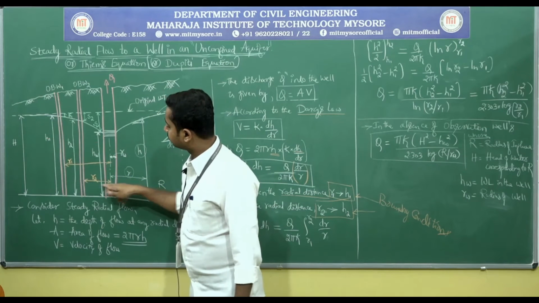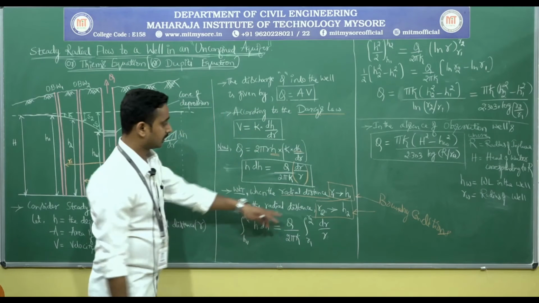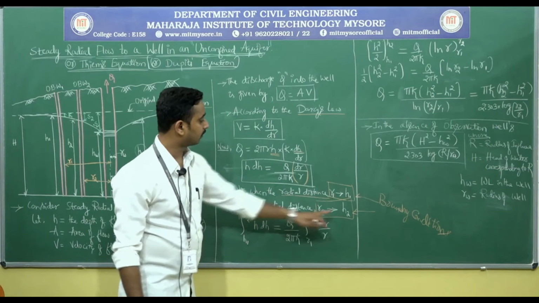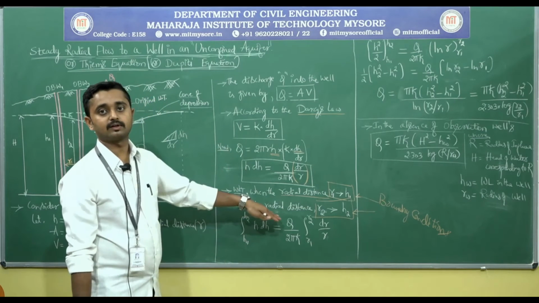See carefully in the diagram. So these two are boundary conditions. Similarly, when the radial distance is r2, the depth of flow is h2. Depth of flow h1 when radial distance r1, depth of flow h2 when radial distance r2. Just substitute here. These are the boundary conditions.